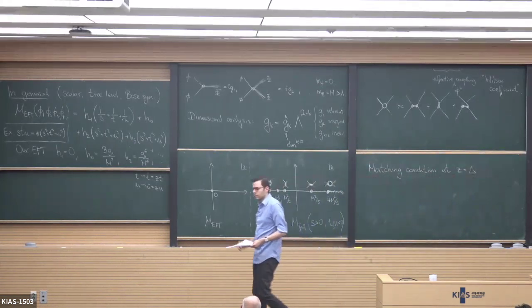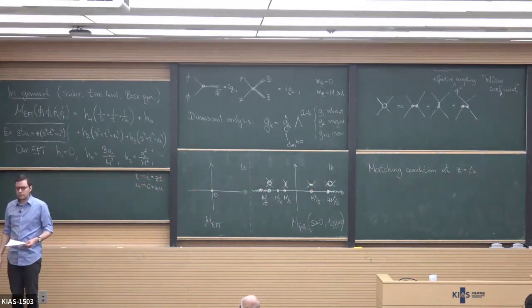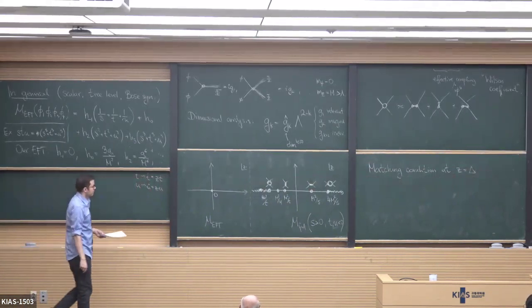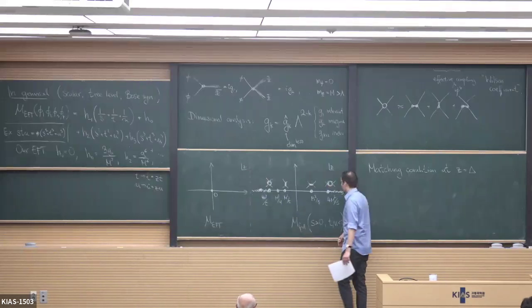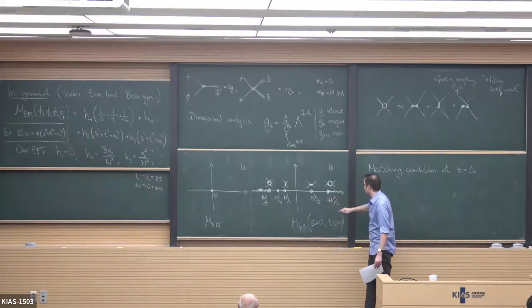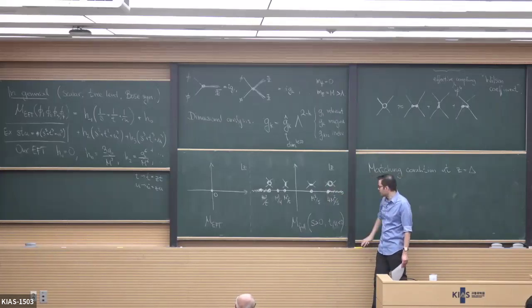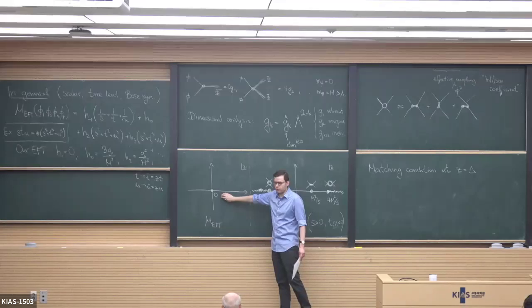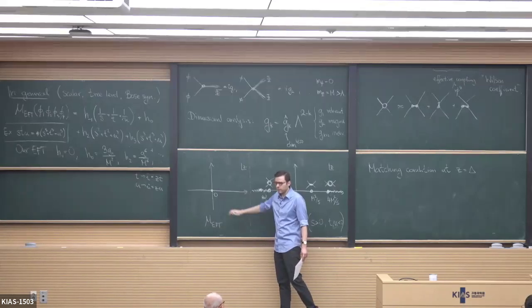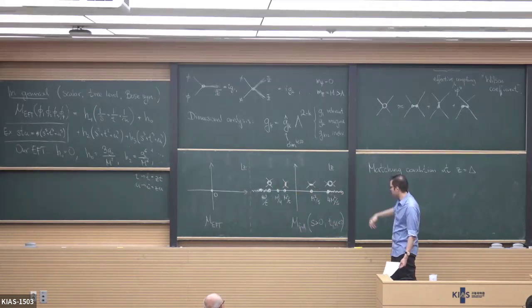The question was, if we start including more loop effects, do we not have to include more complicated analytic structure on the EFT side? The answer is yes, in principle. This actually depends on the theory.